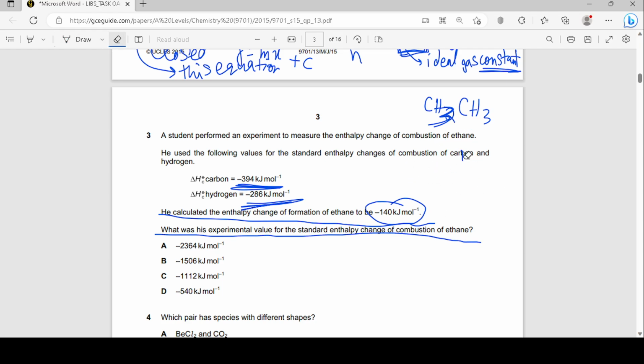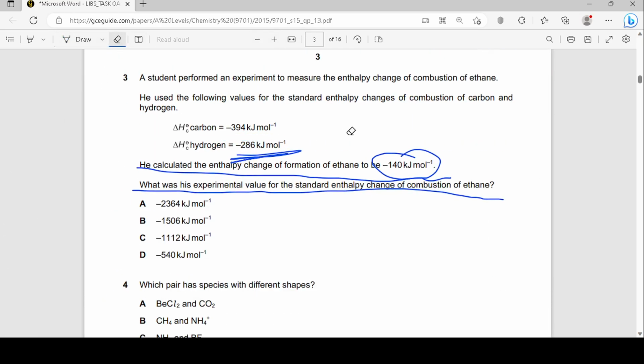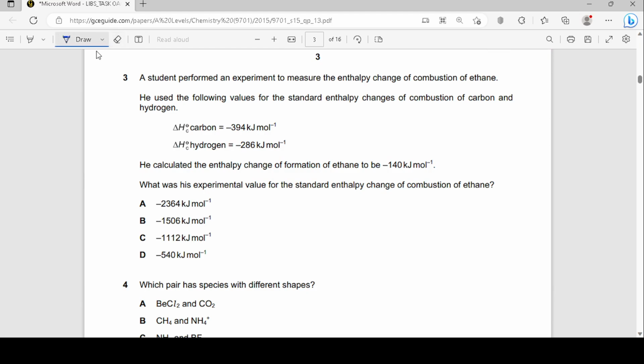So let's make a Hess cycle. We can make it like this: 2C solid plus 3H2 gas.